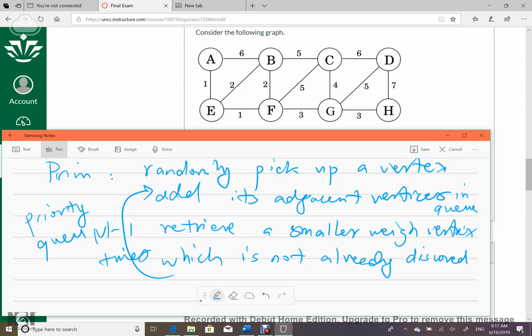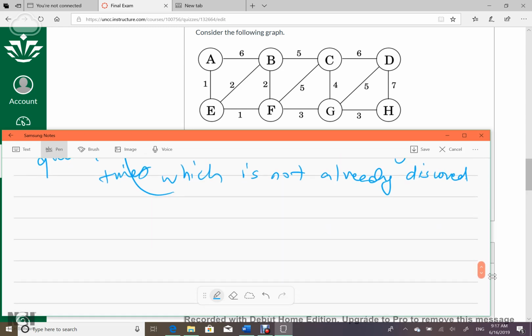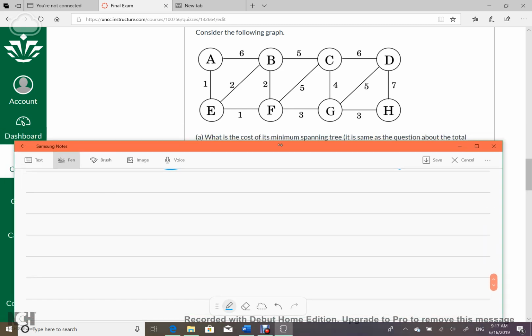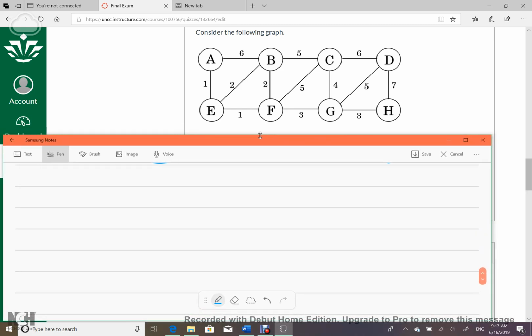So in that case, this will be very clear. Because in the minimum spanning tree, the largest number of edges is v minus 1, right? So in that case, we finish this question.